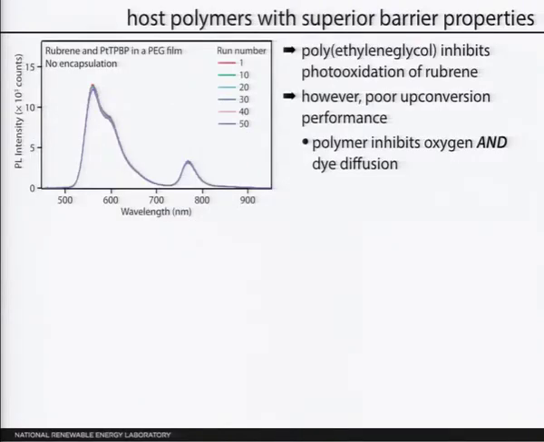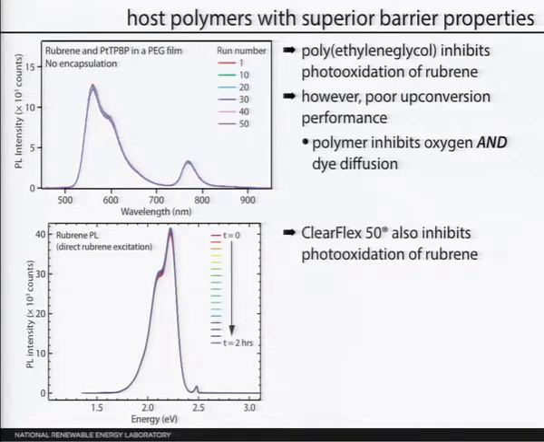And I show an example here where we have a polyethylene glycol film with no encapsulation. And in this case, we see very little degradation of the rubrene emission. However, this particular system shows very poor upconversion performance, so that kind of suggests that the polymer inhibits both oxygen and dye diffusion, which is obviously not desirable for the kind of application that we want.